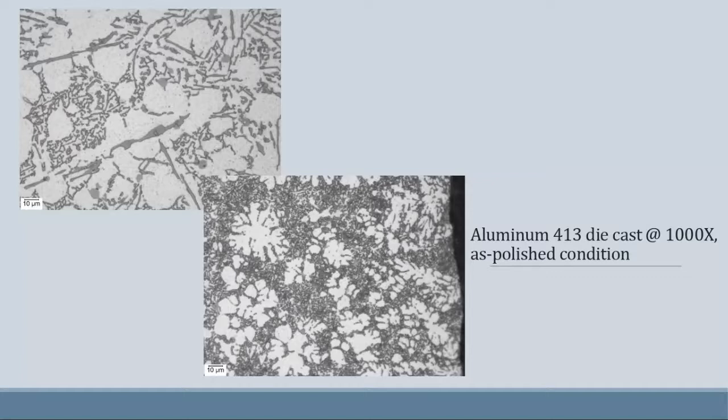These are black and white. If I had done them in color, you might have seen some pink tints to some of the microconstituents if I had the right alloy, and they don't change until you etch. So it's always important to look at these in the as polished condition.